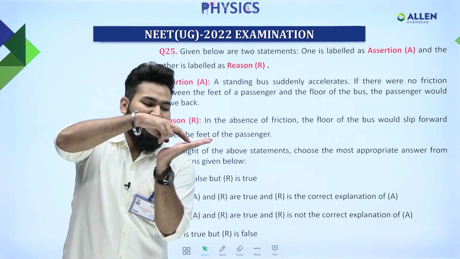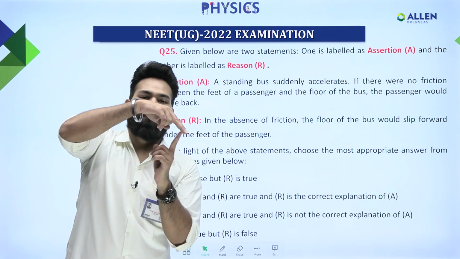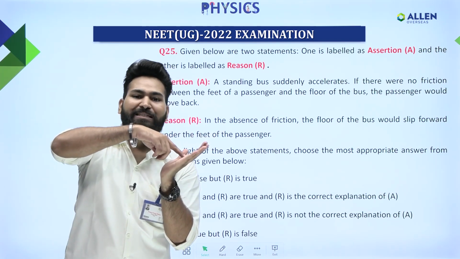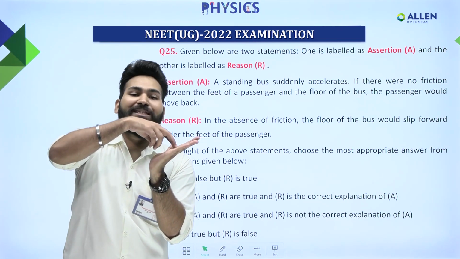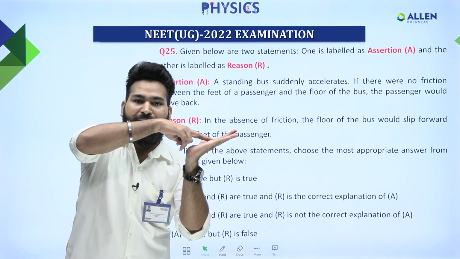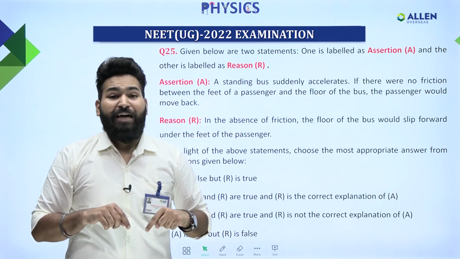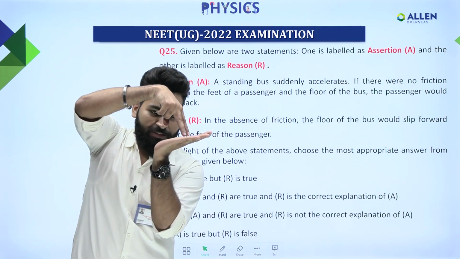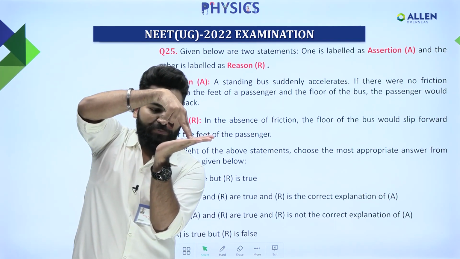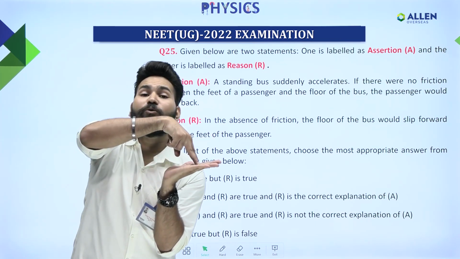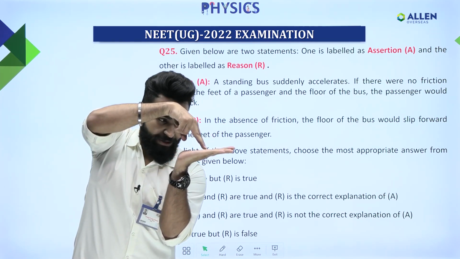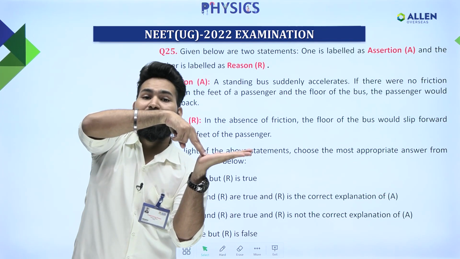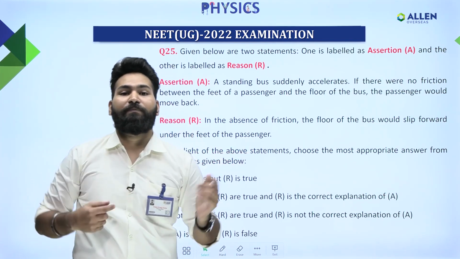So when the bus accelerates suddenly, the friction force between the floor of the bus and our feet pushes our feet in the forward direction, right? But there is absence of friction. So what will happen, if these are the legs of that person and this is the bus floor, when the bus starts accelerating, since there is no friction, the bus floor will move in the forward direction and the person will be standing at the same position.